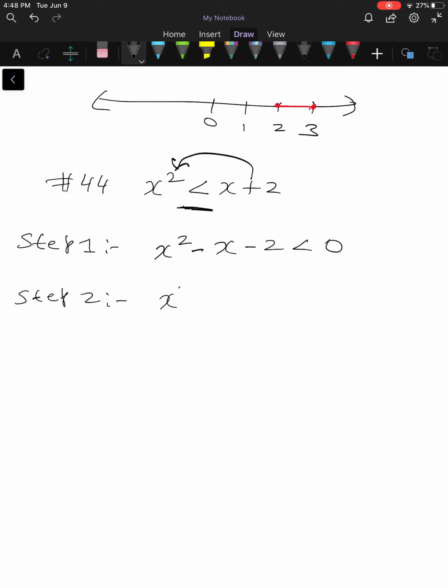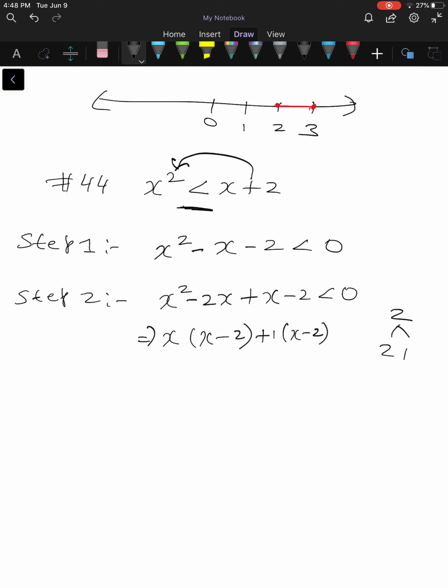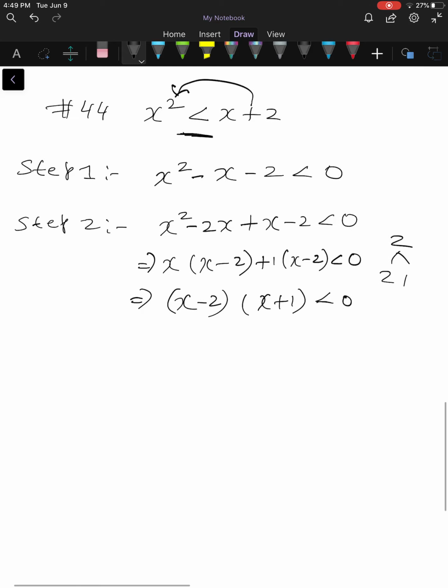So how do you factorize? 2 has 2 and 1 as factors because it's a prime number, and you need negative 1 out of that. So negative 2x plus x is how you split the middle term. So this implies x of x minus 2 plus 1 of x minus 2 less than 0. So that implies x minus 2 times x plus 1 is less than 0.